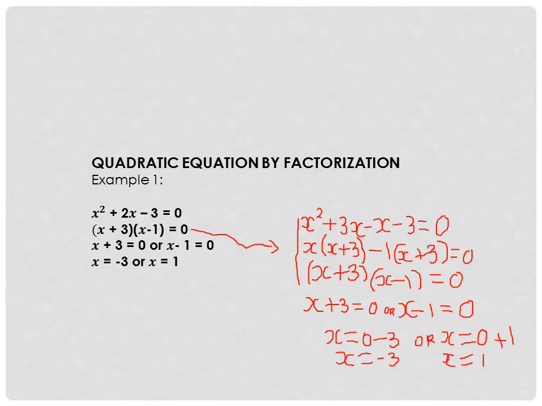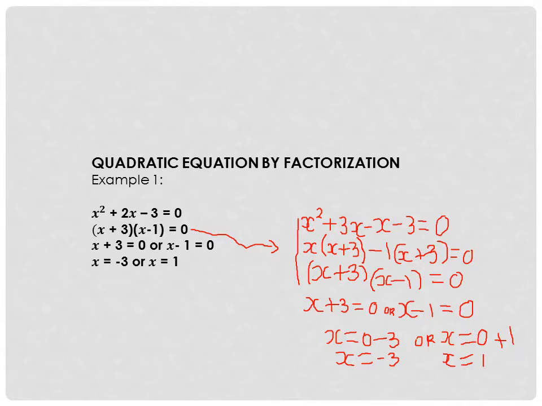So minus 1 times x will give us negative x, and minus 1 times positive 3 will give us minus 3. So now we take those outside the bracket, we put them together, and we select the common factor. So the one outside the bracket is what? X minus 1, and we take the common factor, and the common factor is x plus 3, also in a bracket.